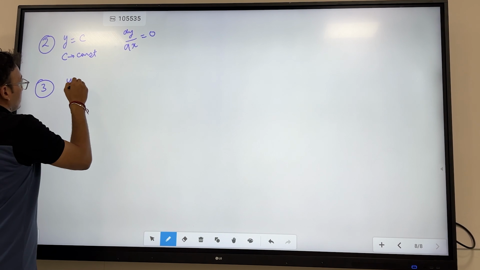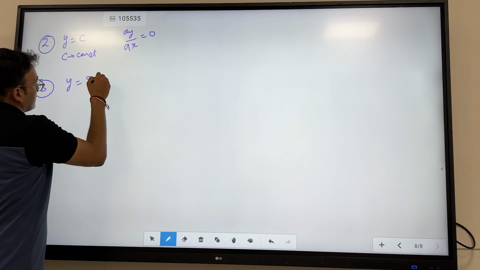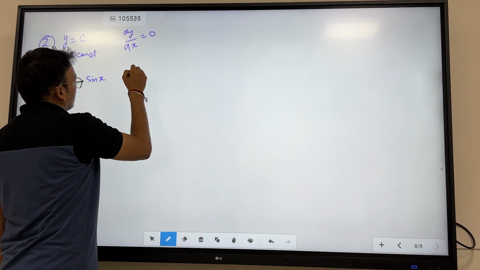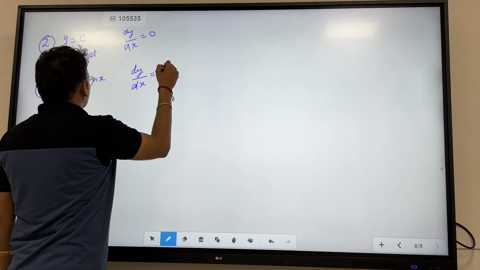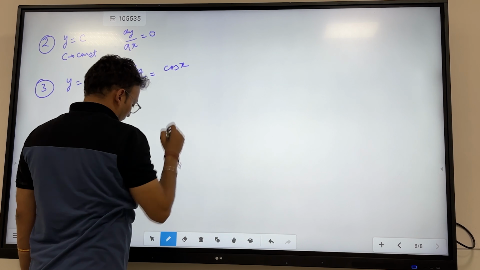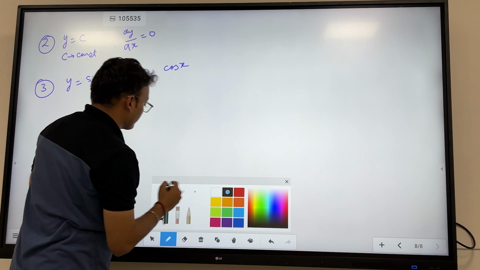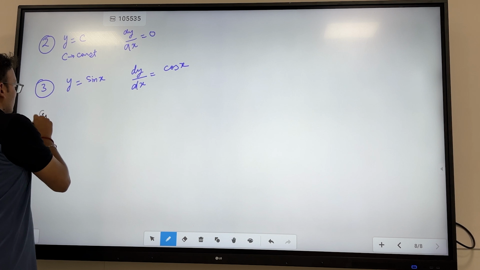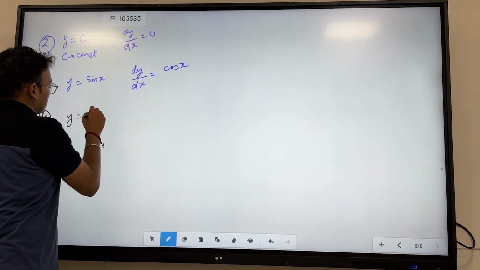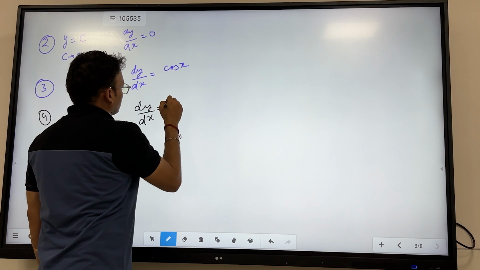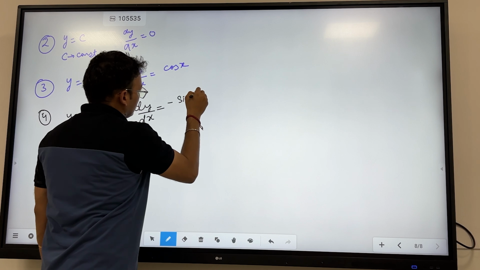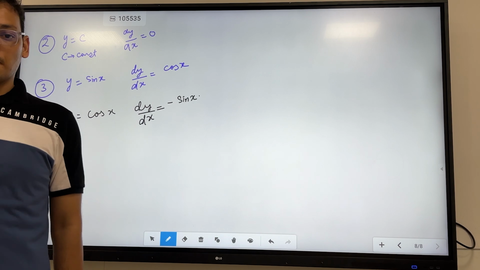See, if y is equal to sin x, then dy over dx will be cos x, right? Similarly, the fourth one, if y is equal to cos x, then dy over dx is equal to minus sin x, right?